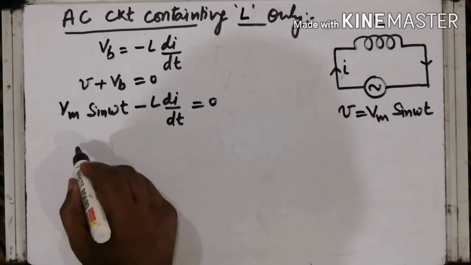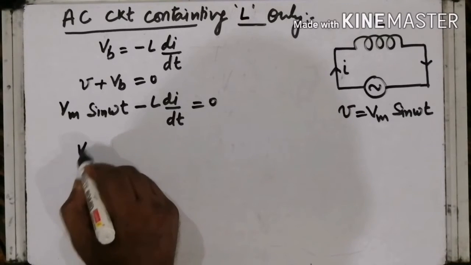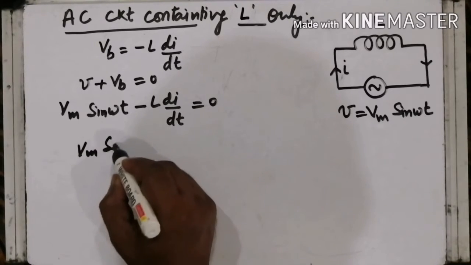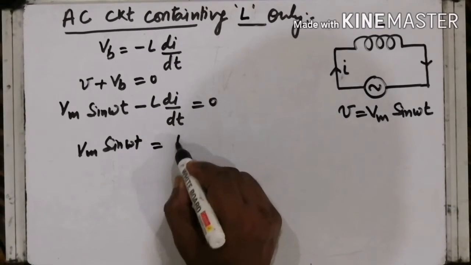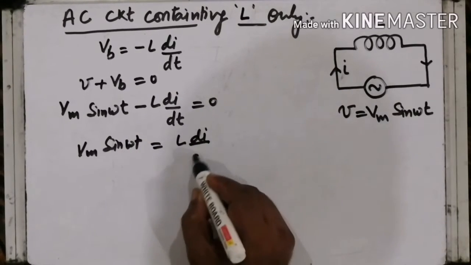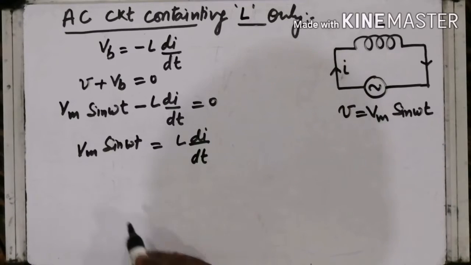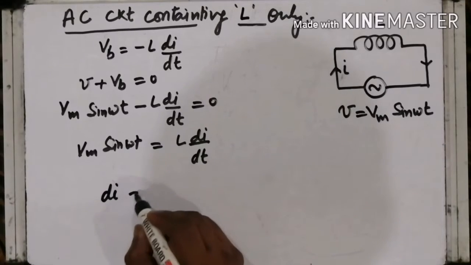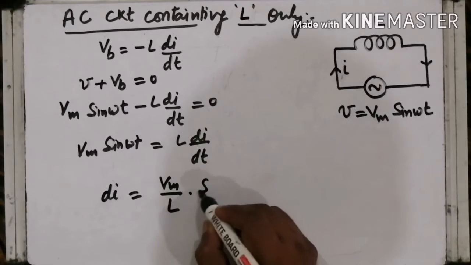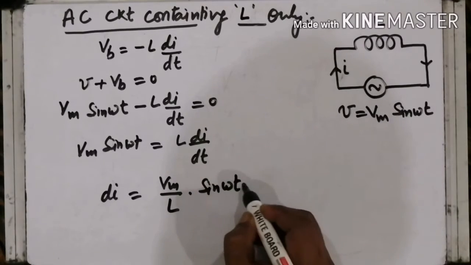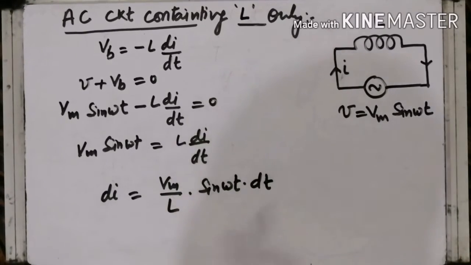That's why Vm sin omega t equals L di upon dt, which is nothing but di equals V maximum divided by L into sin omega t into dt.